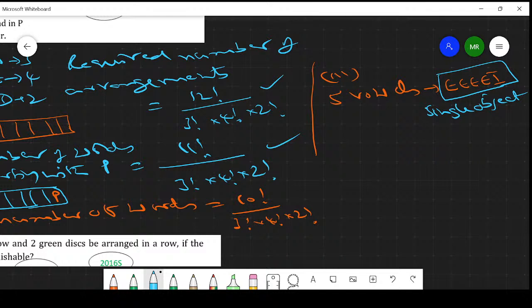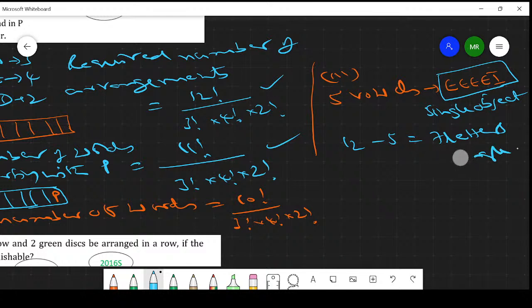Now, of the total 12 letters, 12 minus 5 gives 7 letters remaining. But we are also taking the 5 vowels as one single object.